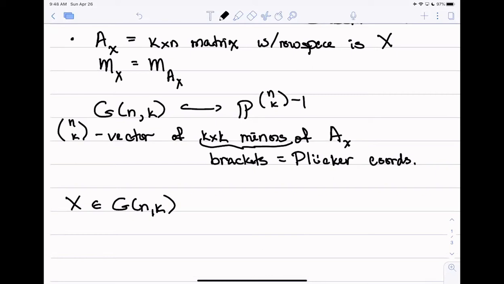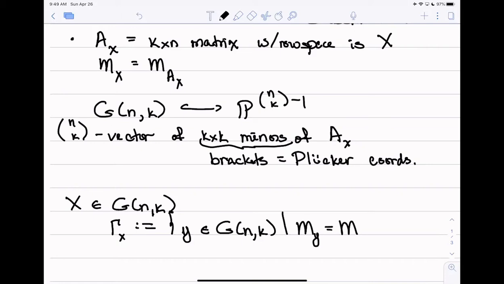And I'm going to look at the following set, call it Gamma X. This is the set of all other points in the Grassmannian that give rise to the same matroid that X does. If you think about it, for every point in the Grassmannian I get a matroid this way. So every point of the Grassmannian is in one of these sets, Gamma X. These sets partition or stratify the Grassmannian.